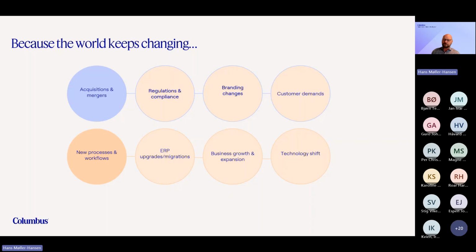So your business, you might merge with other businesses, you might acquire other businesses, but we also have regulations coming in. One of them was Brexit, for instance. What happened with Brexit? I had customers that were in panic and they had to change some things on their documents because otherwise they were not compliant. You also change the brand.